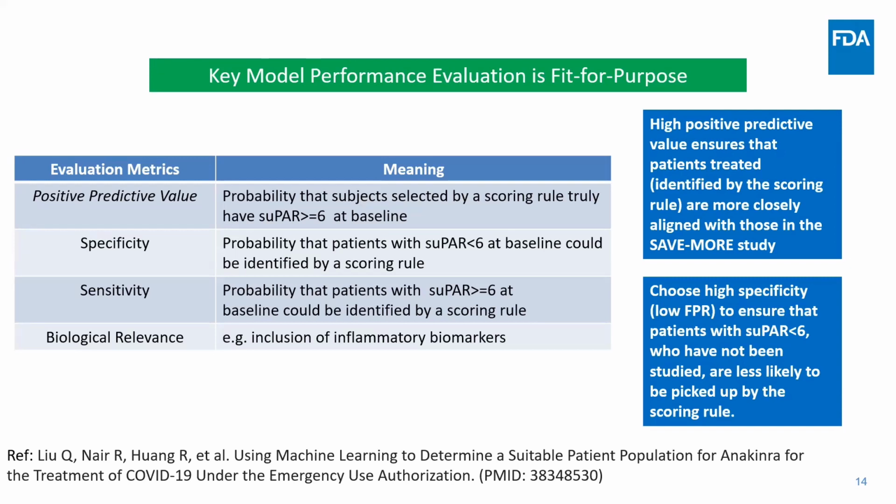If we turn that into statistical thinking, we want to prioritize PPV. Why? A high positive predictive value ensures that patients identified by the screening rule are more closely aligned with those in the same study.